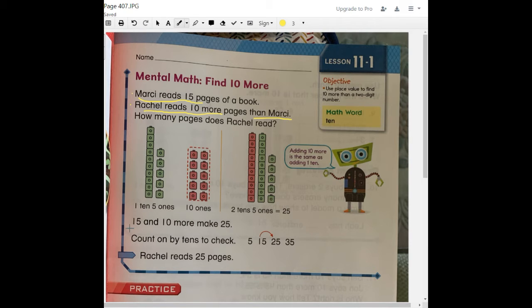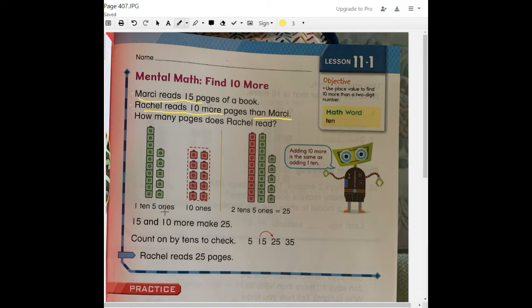Now let's look at these models here, this model and this one. What do we see that's the same and what is different? We notice that they both show the same amount of numbers, but this one is showing 1 ten and 5 ones and 10 more ones.